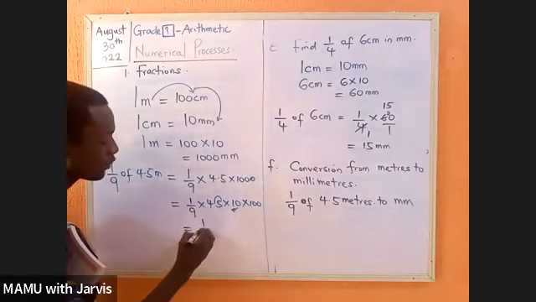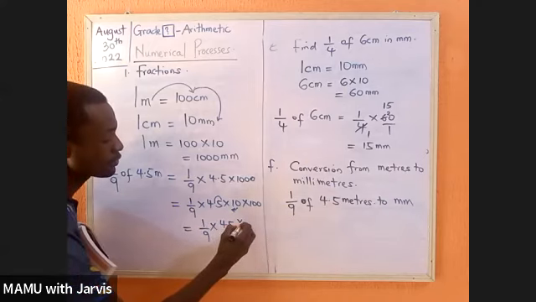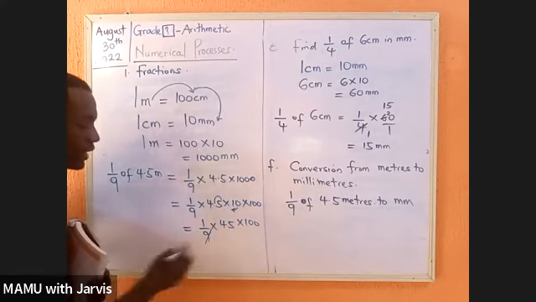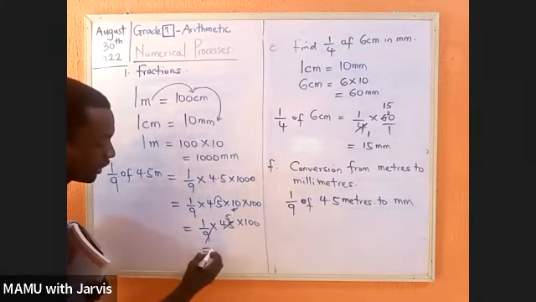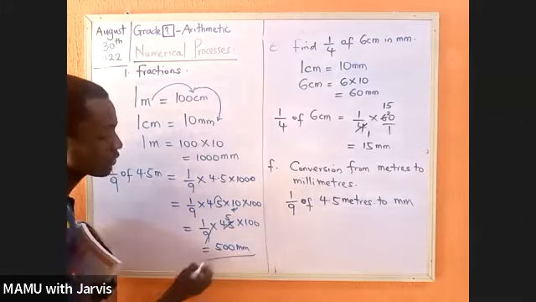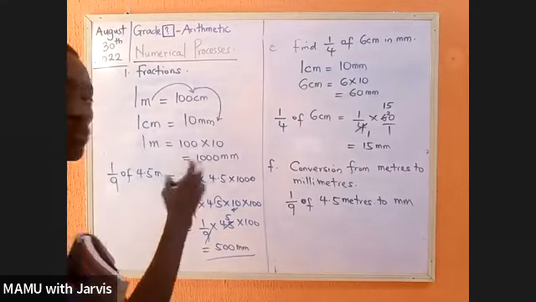So that will be 1/9 times 45 times 100. What's the next thing we do? I divide 45 by 9. That will give me 5. And that will be 500 millimeters.